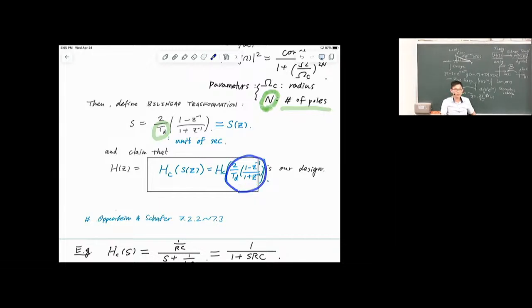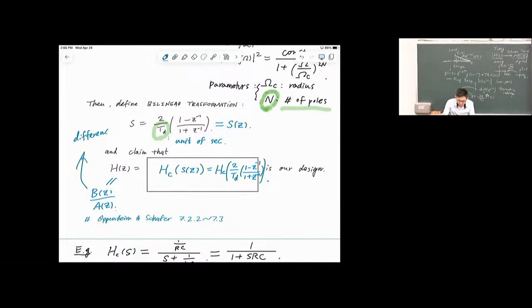This is s of z, right? Then of course we might need to organize the terms algebraically. In the end, we can all agree that this suddenly becomes a function of z, and we claim that this is a design. Most likely you see H(z) can be expressed further as B(z) divided by A(z), and we know how to change that into a difference equation.